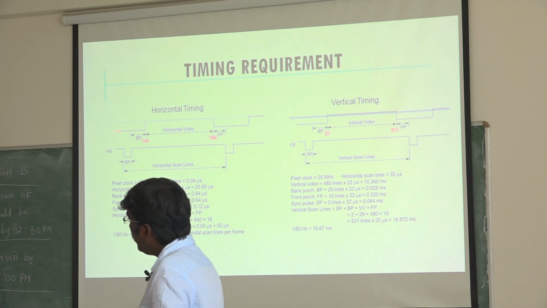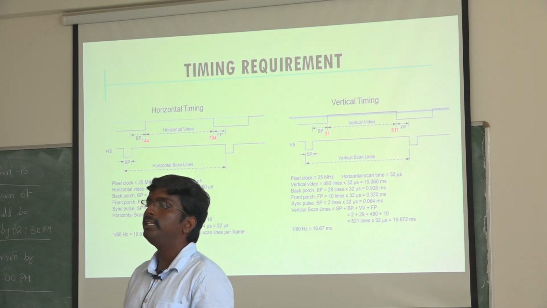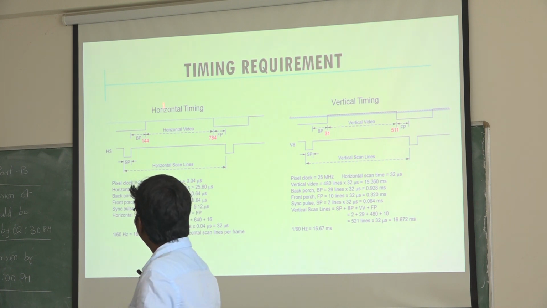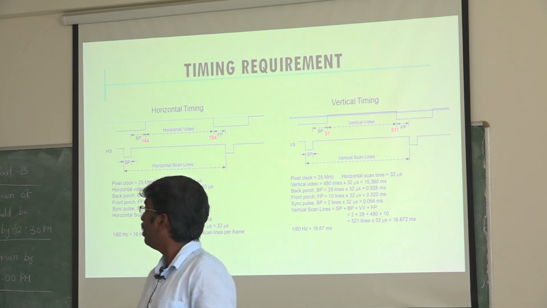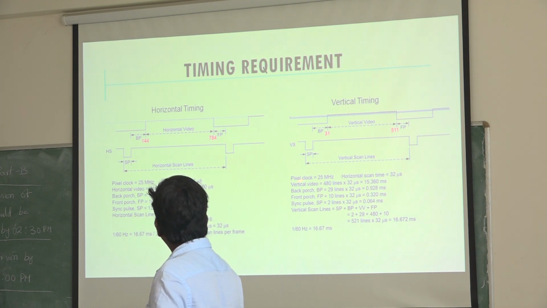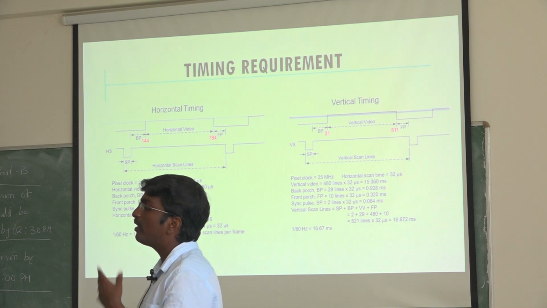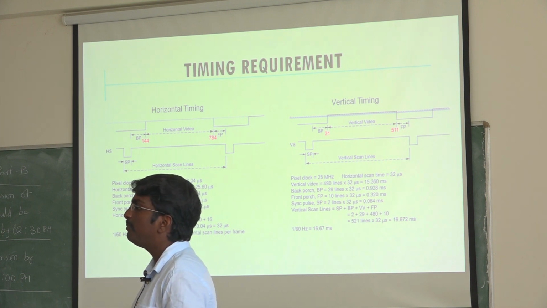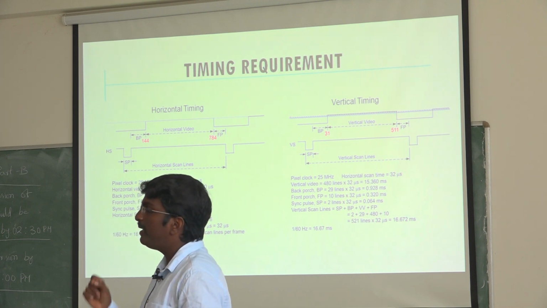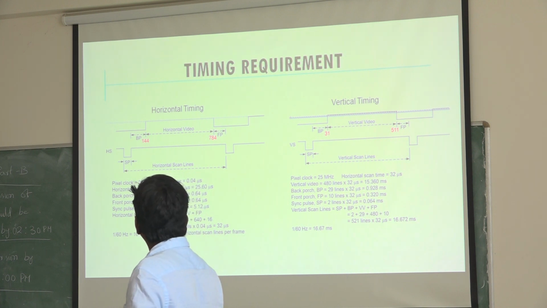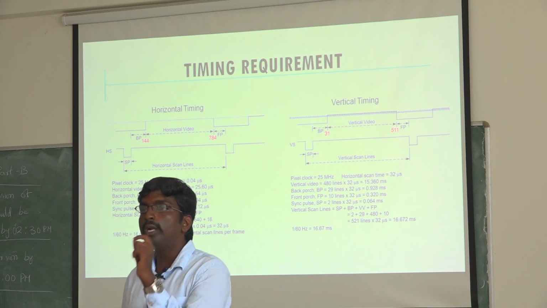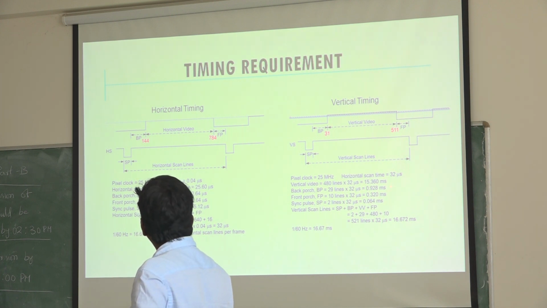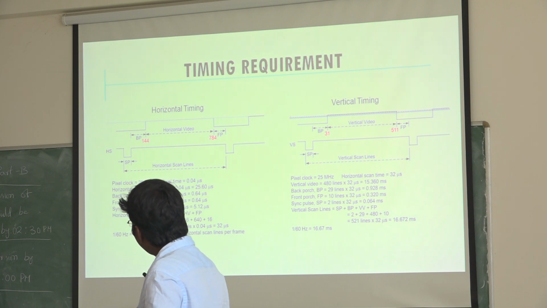For any VGA timing, any VGA frame, the horizontal video always maintains 25 megahertz of frequency, which is actually the pixel clock. It means to read a single pixel, I need 25 megahertz, which is actually 32 microseconds, calculated with this.